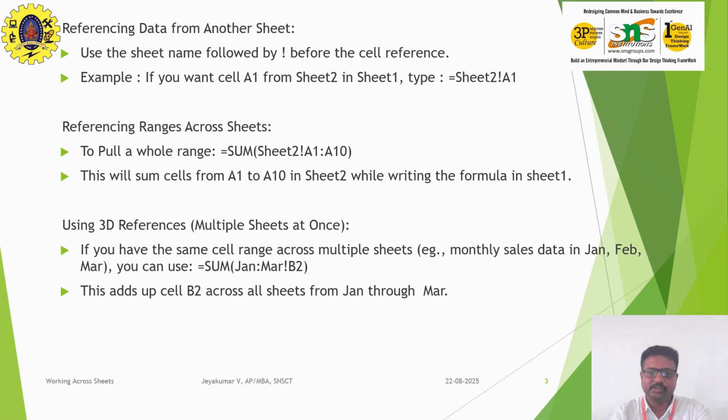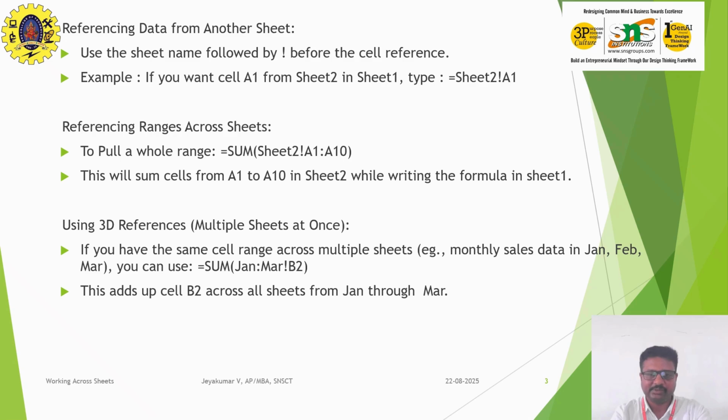Next is using 3D references, that is, multiple sheets at once. For example, if you want to use the sales data of January, February, March, etc. in sheet 4, which is the summary of your sheets 1 to 3, this particular feature is used.